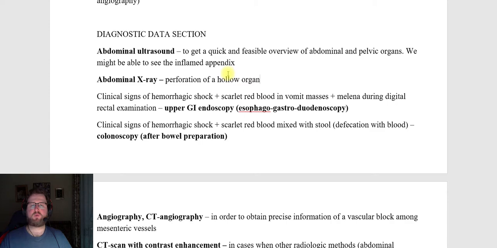In this case, you will see free gas inside the abdominal cavity.